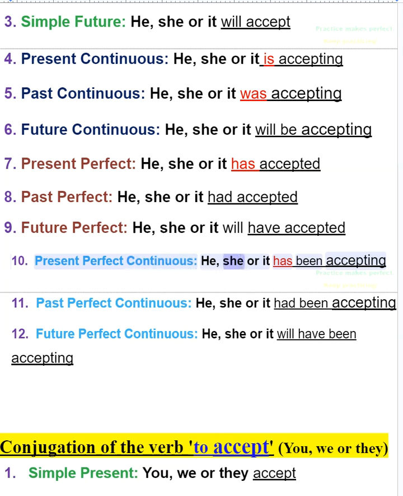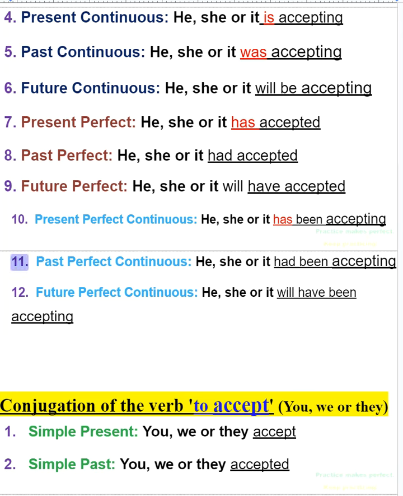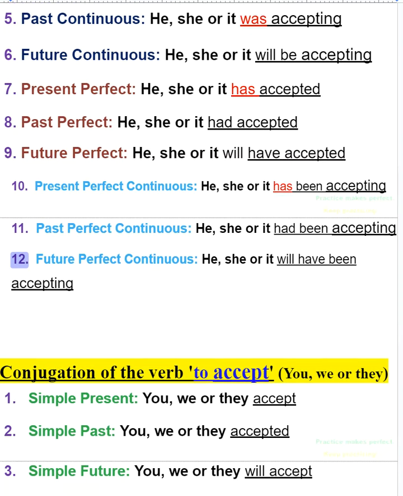He, she, or it has been accepting. 11. Past perfect continuous. He, she, or it had been accepting. 12. Future perfect continuous. He, she, or it will have been accepting.